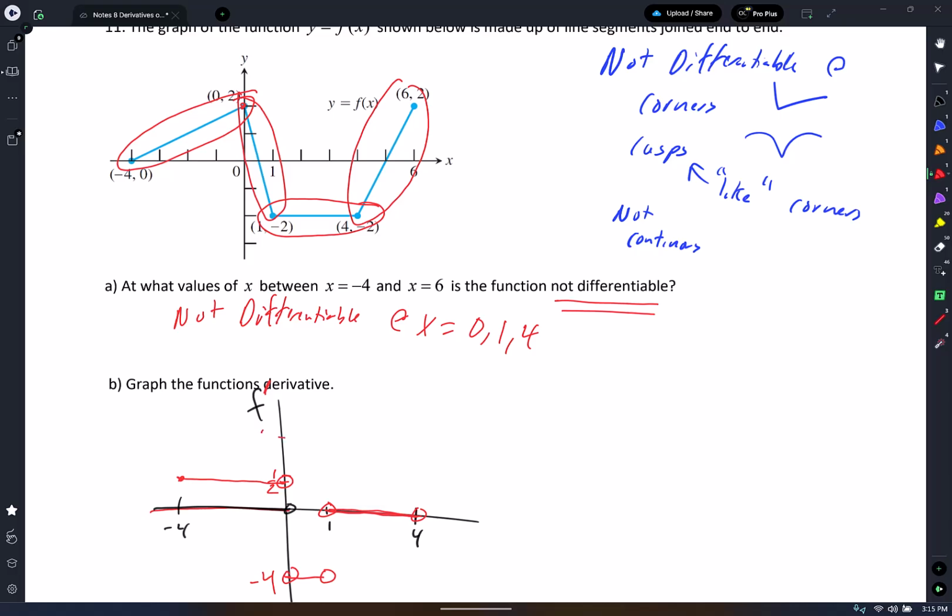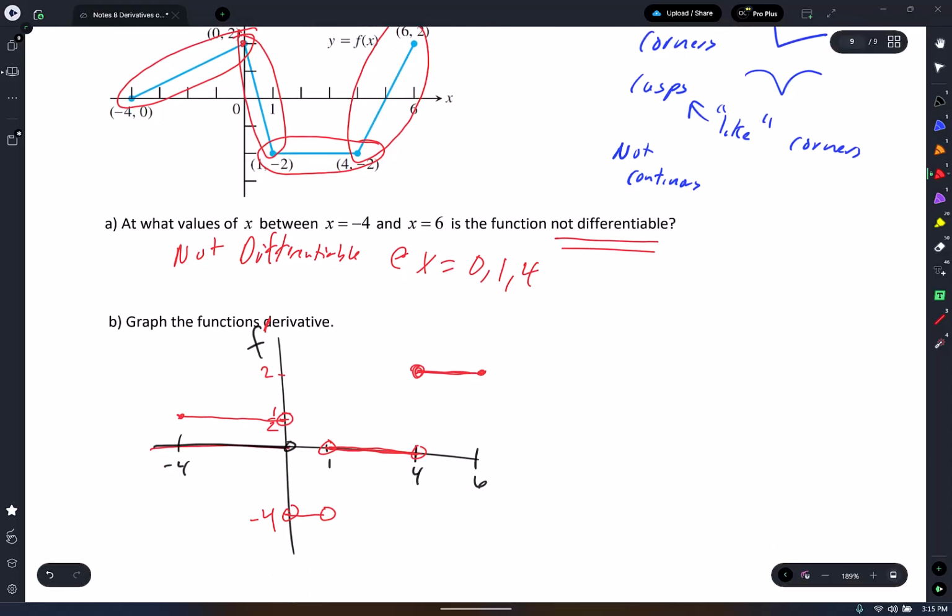So I'm going to say here's 2. And between 4 and 6, here is my slope. All I did was just graph horizontal lines, guys, because those are my slopes. Those values.